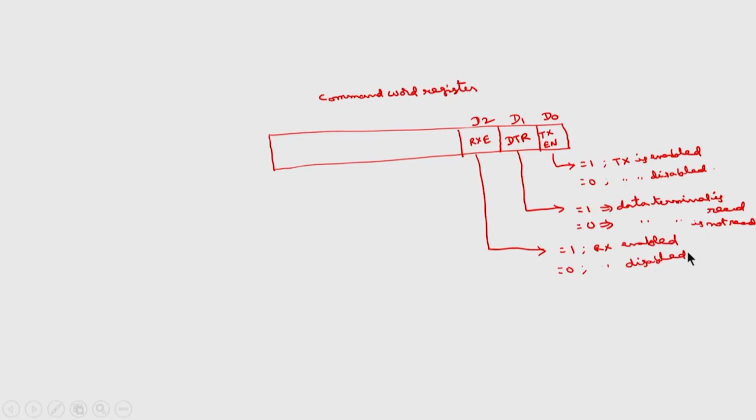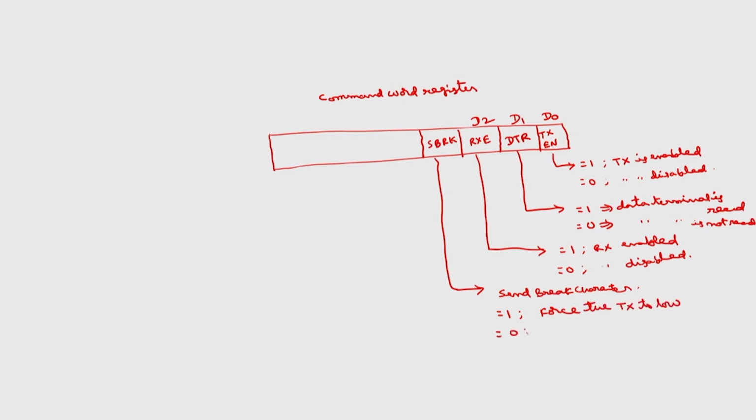This is SBRK, send break character. If this bit is 1, it will force the transmitter to low. If this is 0, it is normal operation.